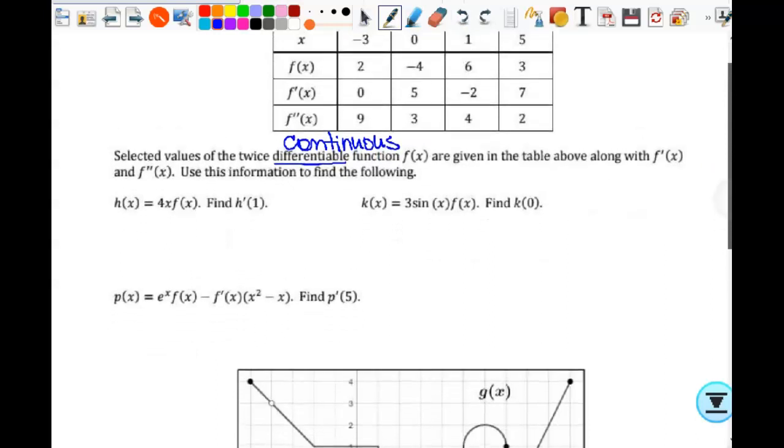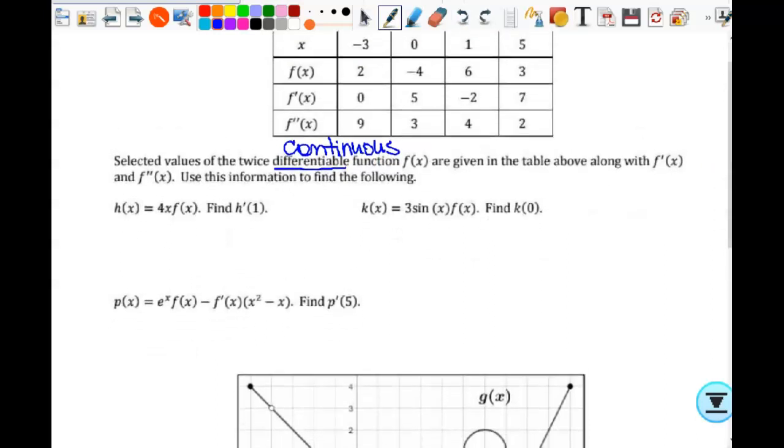All right, so before we find h prime of 1, I have to find h prime, right? So I have a 4, which is just a constant, and I'm just going to stick that 4 to the x. So that 4x is like my first. When we talk about the first and the second, it's like my u. And then f of x is like my second, right?